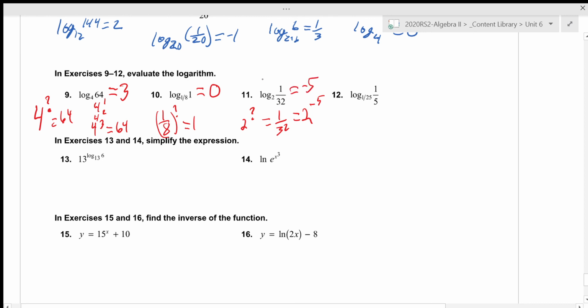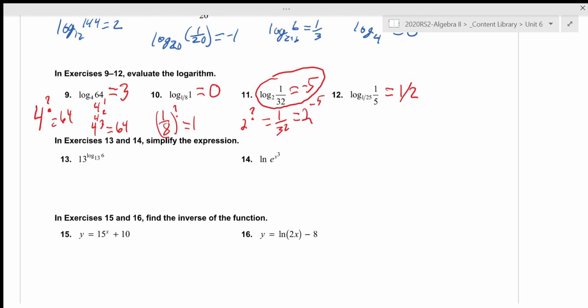So what I would do is I would use a calculator to evaluate this, and Desmos has a calculator that works for it. If you have a TI, that also will work. Please come see me and I will show you how to use those to actually do these logarithms with a calculator. All right, and similarly with 12, 1/25 to the 1/2 power is equal to 1/5.